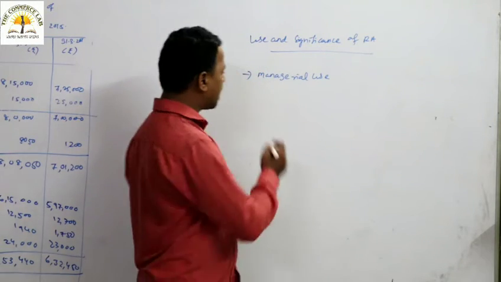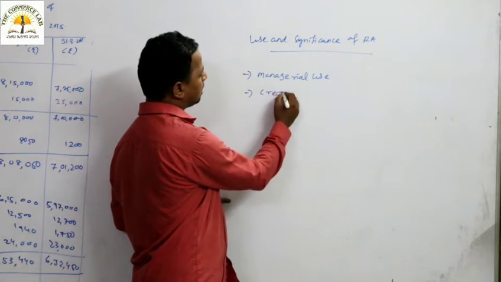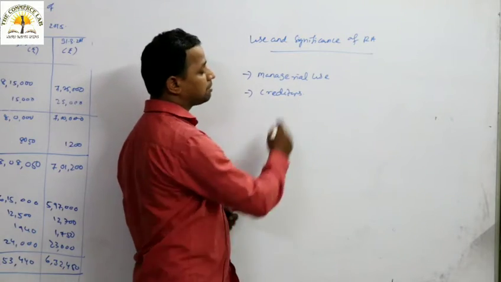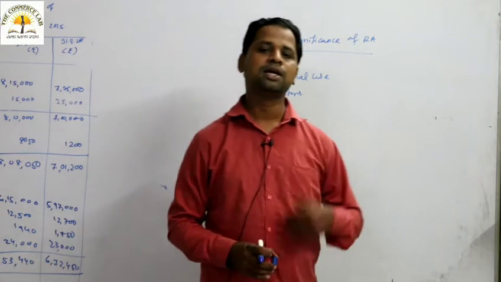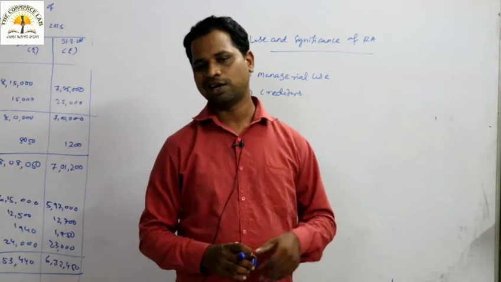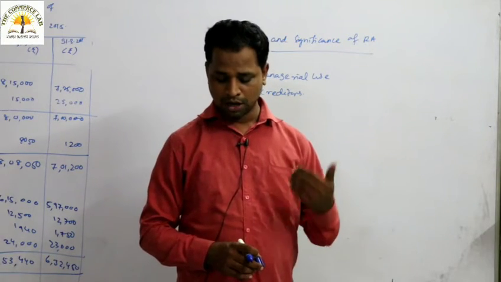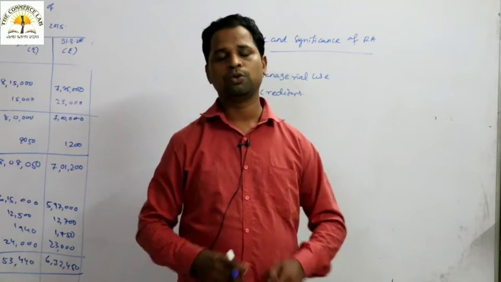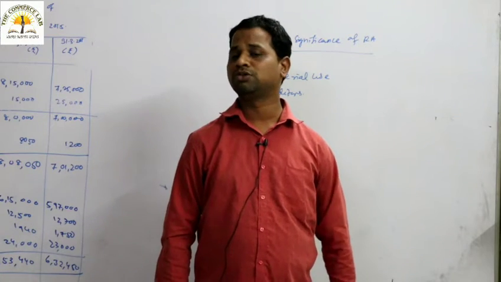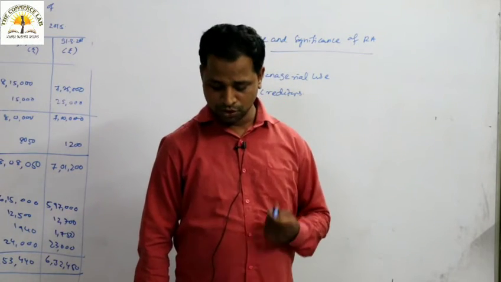ओके, उसके बाद क्या है, क्रेडिटर्स. क्रेडिटर मतलब क्या है, जो लोग तुम्हें रॉ मटेरियल सप्लाई करते हैं at a credit basis. Those people who are supplying you the goods or raw material on the credit basis, they are your creditors.